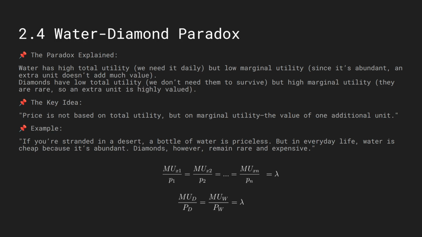And to keep this constant equal to the marginal utility divided by the price of diamond, we know that the marginal utility of diamond is very high.